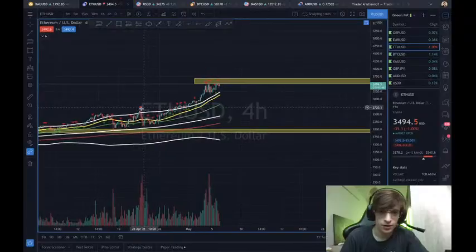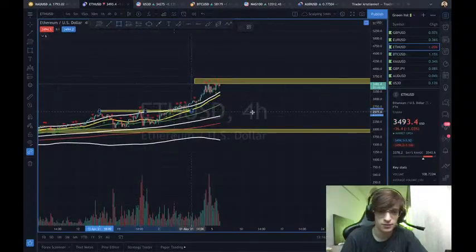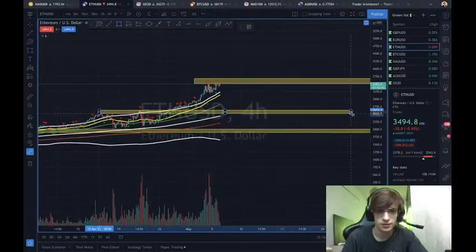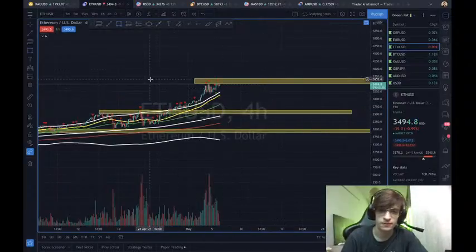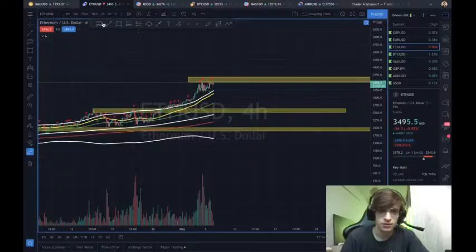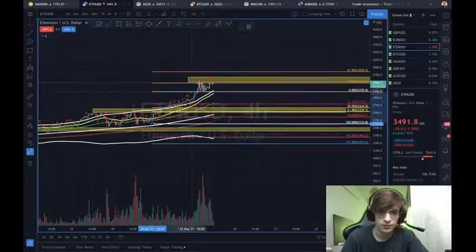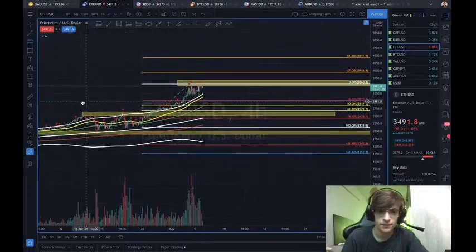But on the 4-hour time frame, it's here clearly maybe an important zone. Here you see a major push.